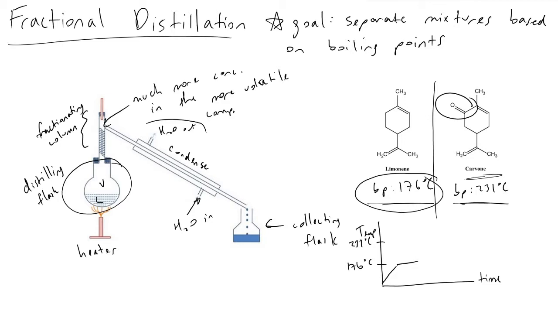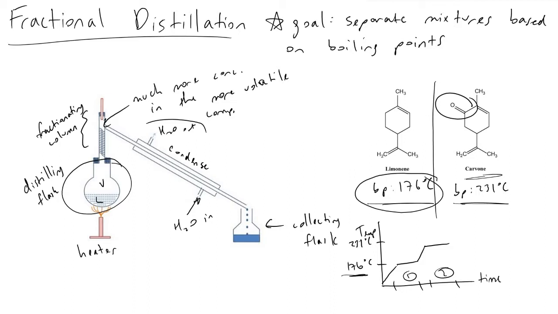And this is an idealized case, but for the sake of understanding the principles behind it, it will help us. And so what we see here is that from, and I'll call this region 1, and we have region 2, during the time period of region 1, your collecting flask is going to be predominantly whichever component had the 176 degree boiling point temperature, and that's going to be limonene.